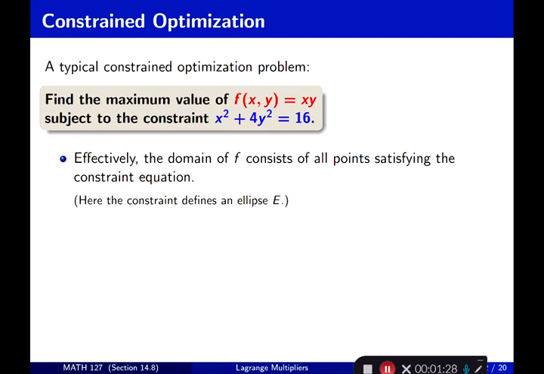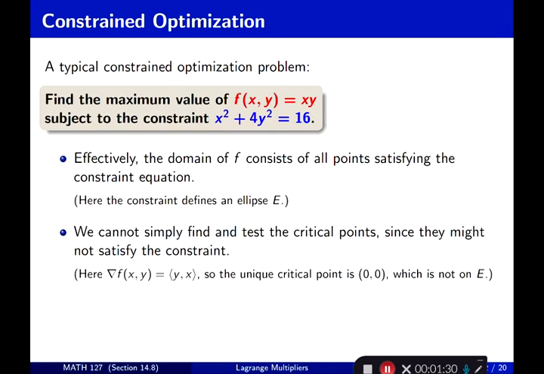Now, what you have to notice is that if you find the critical points for the function, those critical points may not be on the ellipse, and in this case they are not.